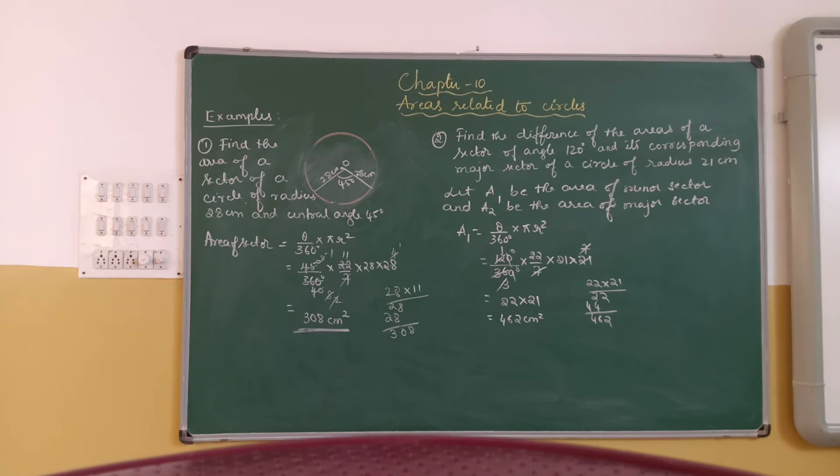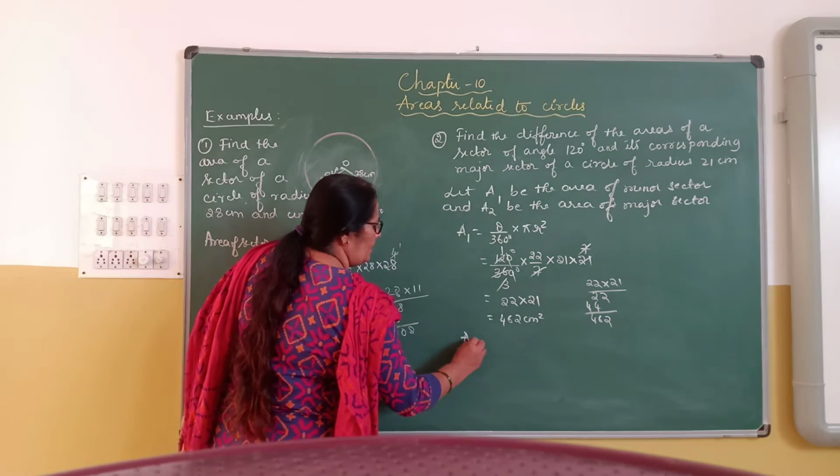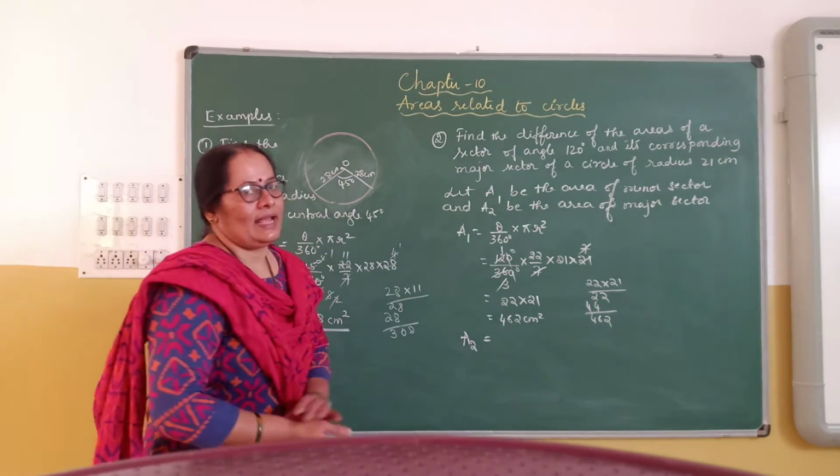Similarly, you need to calculate the area of the major sector, that is A2. So A2 equals, what is the sector angle now?